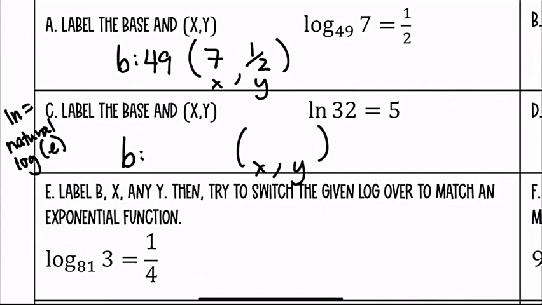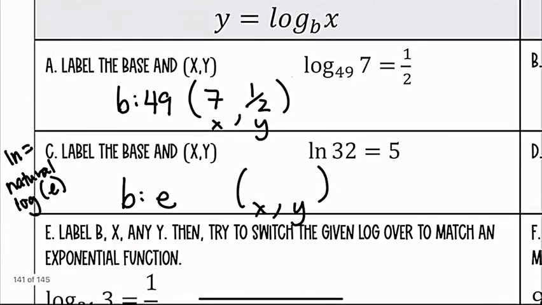There's more after that, but I haven't memorized that far. So for ln, our base is always e. We just don't ever write it down in the question. And then what this says here is that the base e to the power of 5 equals 32, which, like I said, is not exactly correct. It is a little bit off. But the 32 would be x, and the 5 would be y.